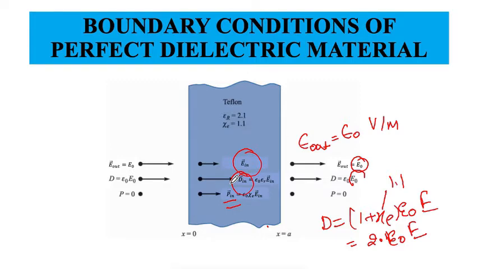I know how the electric field varies outside, but I do not know how to relate these two things. I do not know how to relate the electric field outside to the electric field inside, and to obtain that relationship we need to understand boundary conditions.